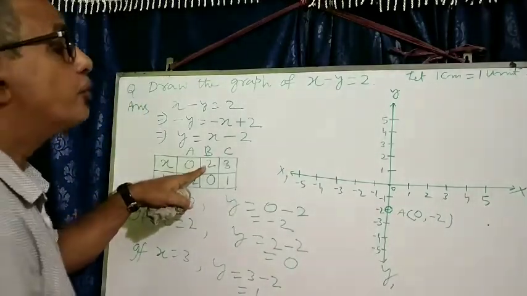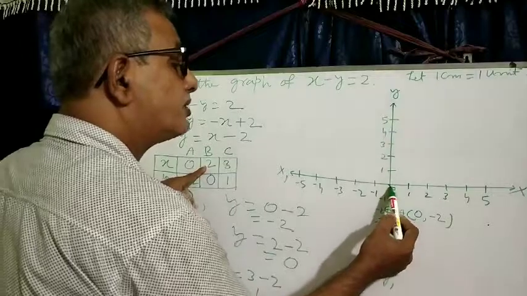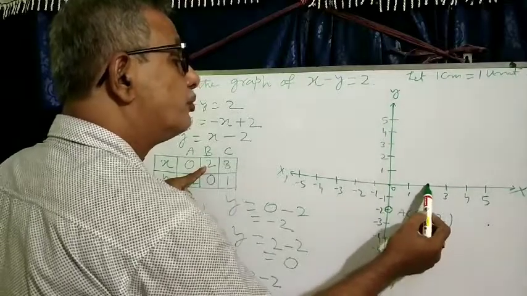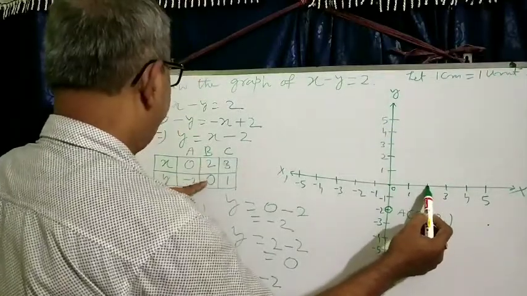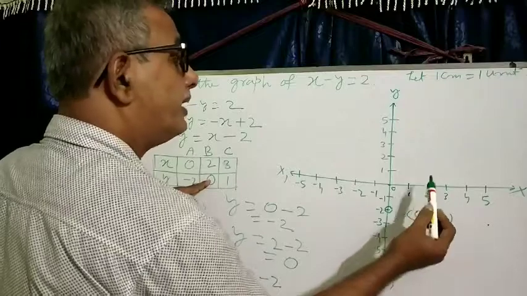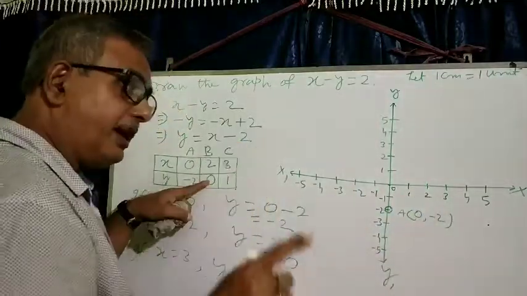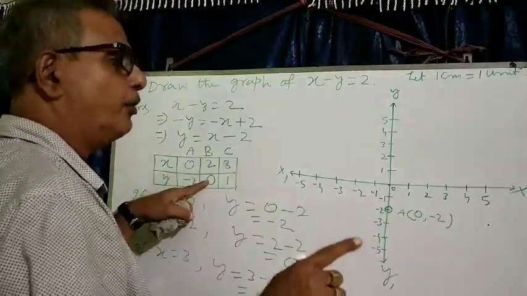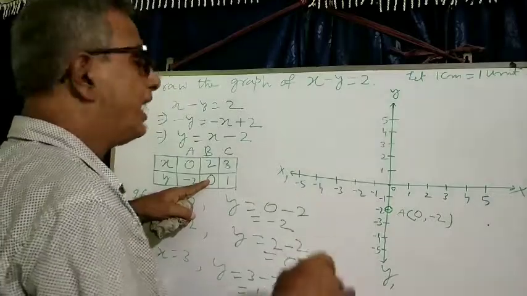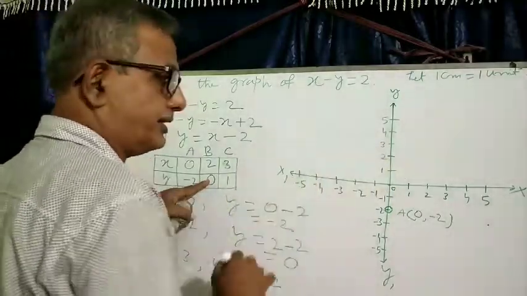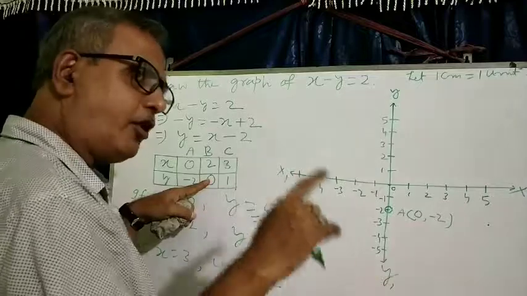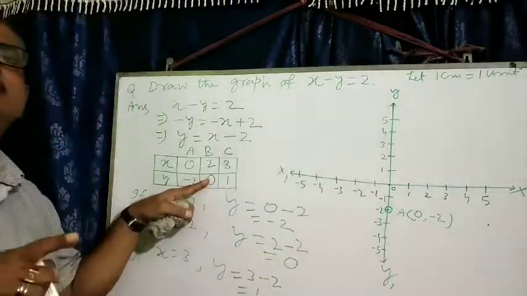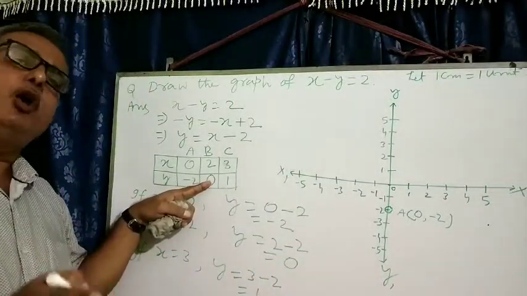Again you see, the next point is what? X is equal to 2. This is 2. But y is equal to what? 0. That means whenever y coordinate is 0, the point will be on the x axis. And whenever x coordinate is 0, the point will be on the y axis.